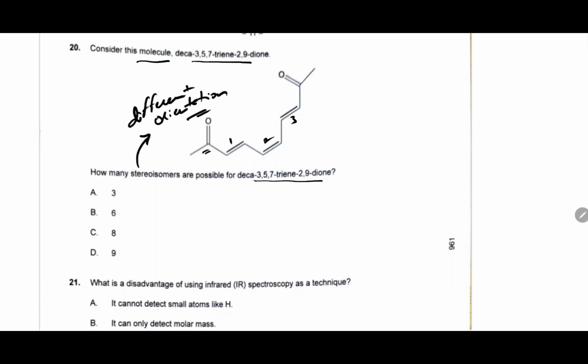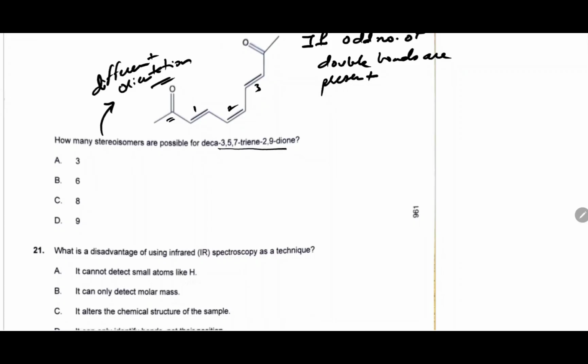Now there is a shortcut, or we can say a law, which says that if an odd number of double bonds are present, then the formula to find the number of stereoisomers is 2 to the power n, where n is the number of double bonds. 2 to the power 3 equals 2 into 2 into 2, and that comes out to be 8.